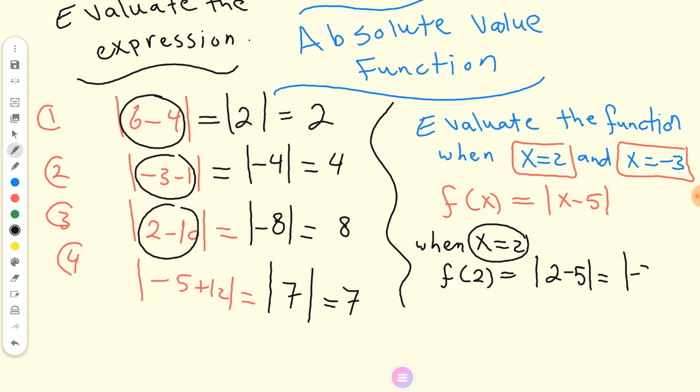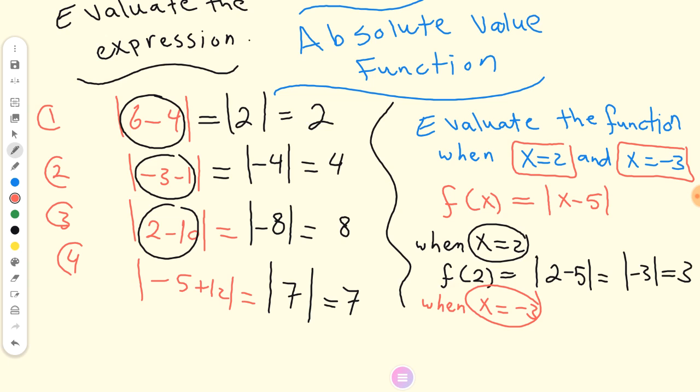Absolute value of negative 3 is positive 3. Then the value of the function when x equals 2 is 3.